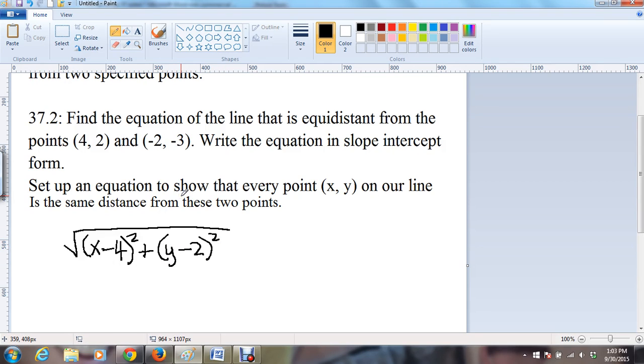That's the distance between the point 4, 2 and any point on my line.